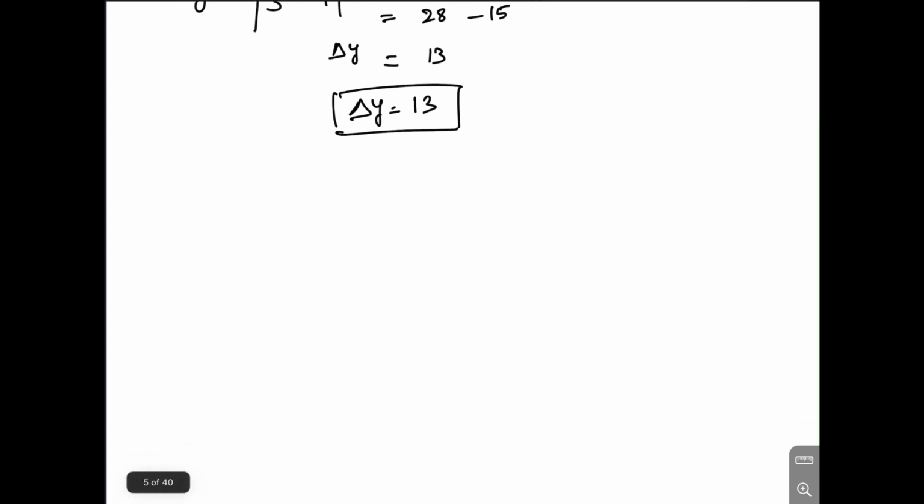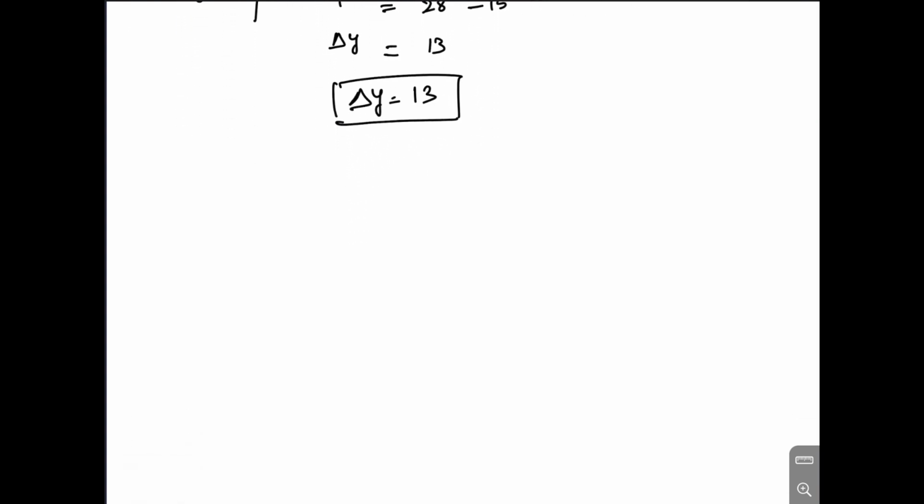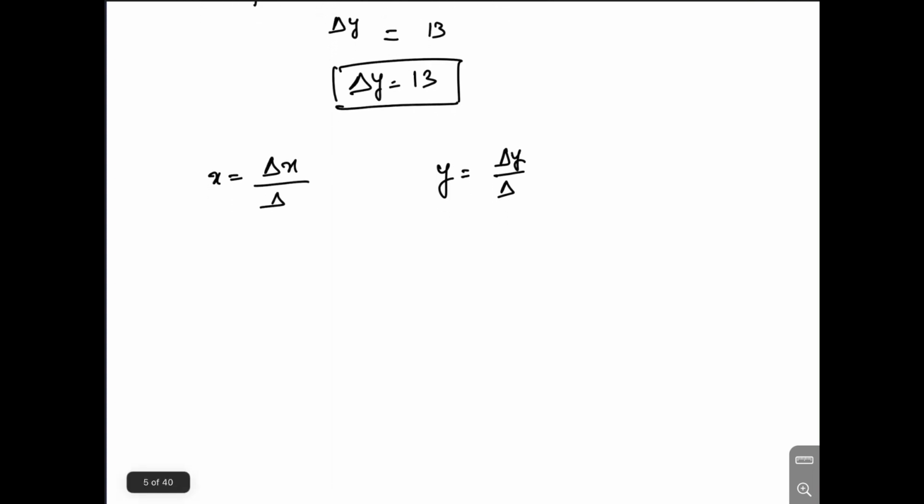We need to find out the values of x as well as y. x equals delta x divided by delta, and y equals delta y divided by delta. Let's substitute the values. Delta x is 26 divided by 13. 13 ones are 13, 13 twos are 26, so we got x equals 2.